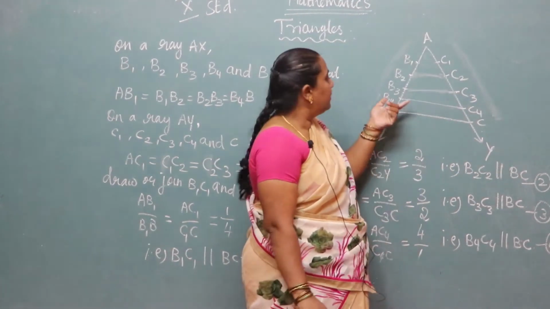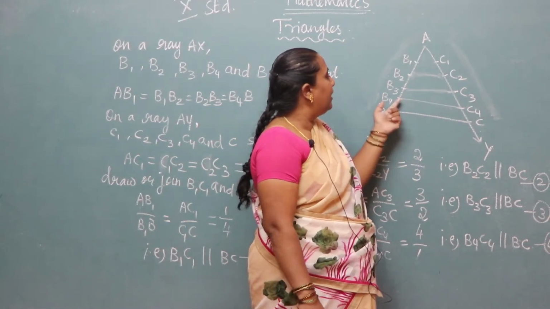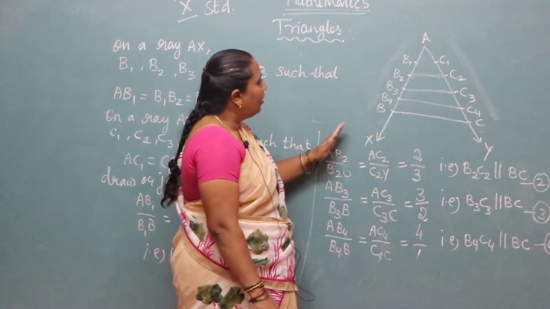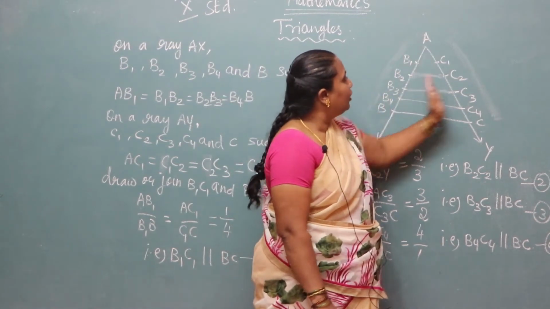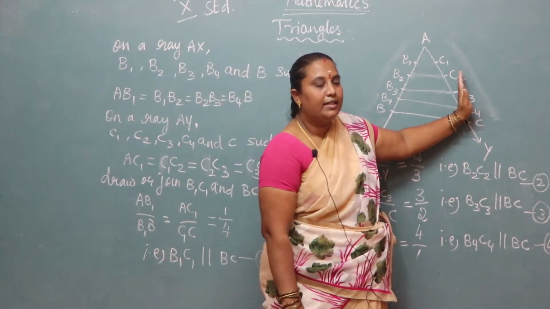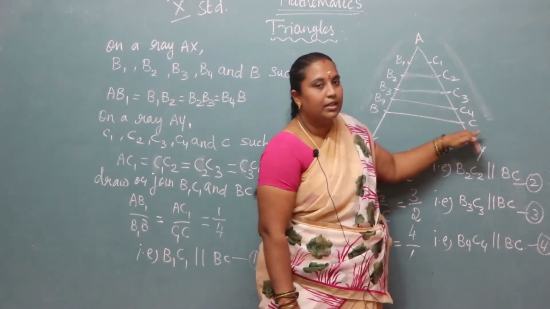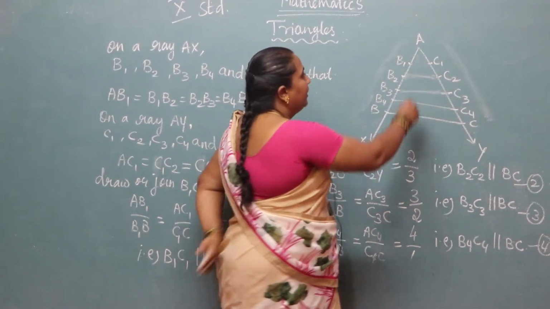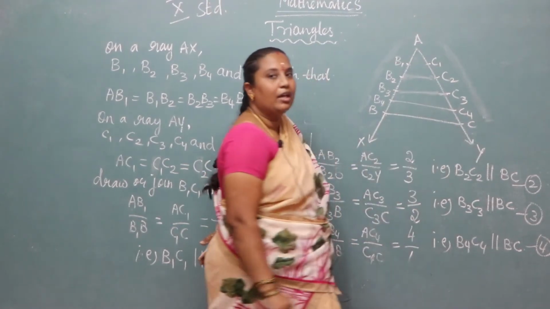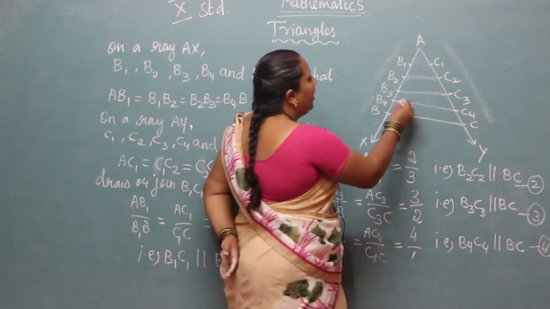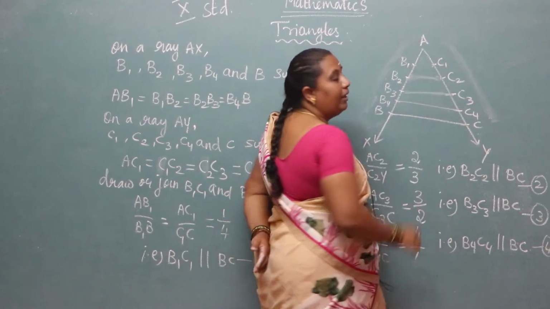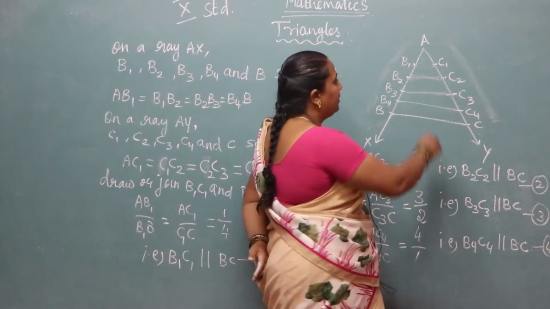A line divides 2 sides of a triangle. So these are the 2 sides of a triangle, we have taken an angle. So in these 2 rays we are forming a triangle ABC. In this triangle we are drawing a line on both sides, that is opposite sides.